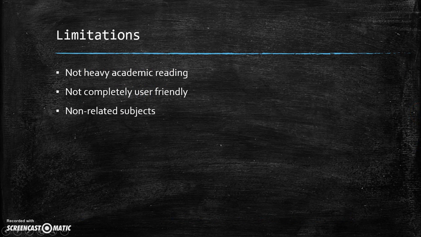Limitations. The limitations that this has are that it's not really heavy academic reading. So if you want to find a bunch of information about your subject and really dive in and indulge in a bunch of information about a certain subject, you're not going to enjoy this particular database. It's mainly, like I said, just articles.